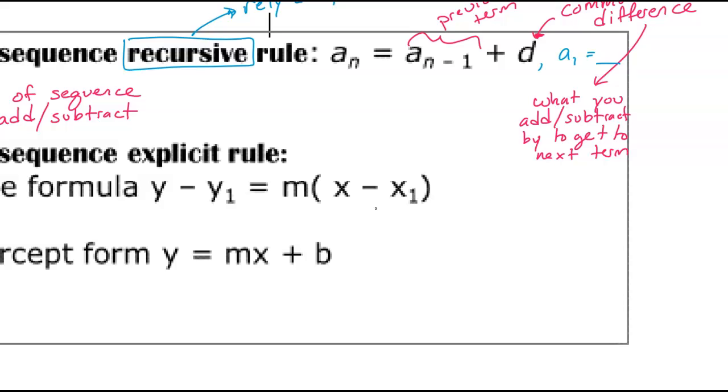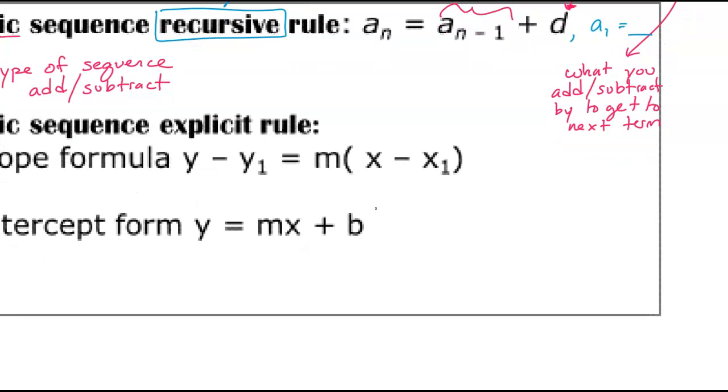Now, there are two ways for an arithmetic sequence that we can write the explicit equation. One is by writing a linear line, where m is the same thing as our common difference, and b, instead of being the y-intercept, you can think of it as what I like to call the zero term, or what a sub 0 is equal to.